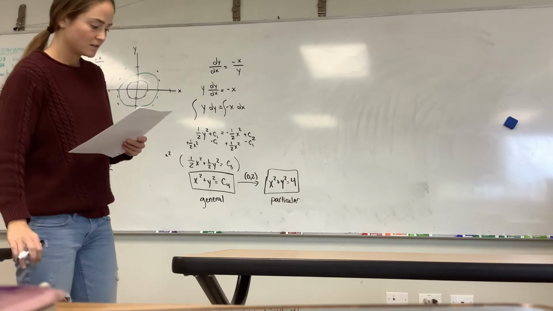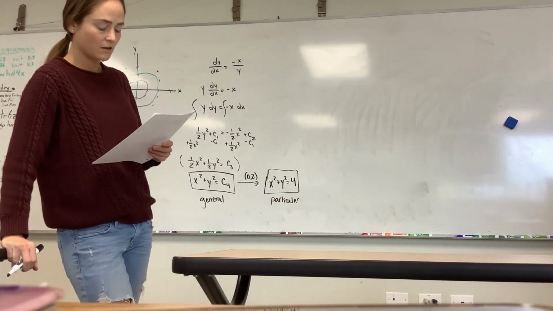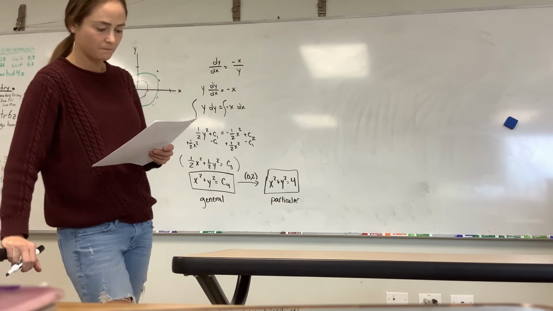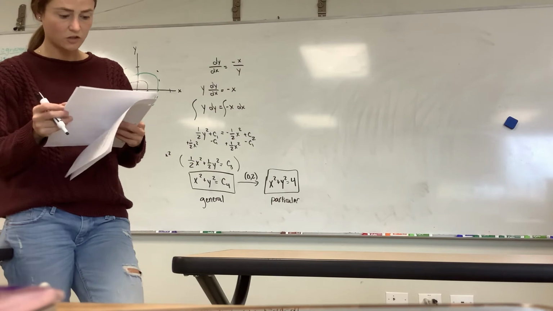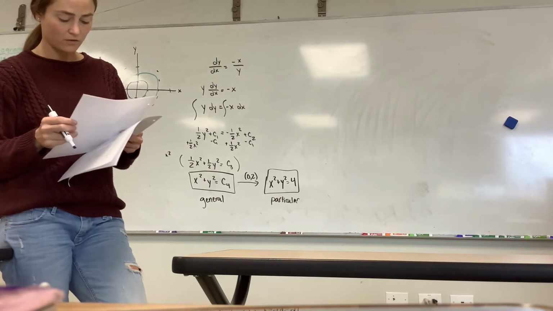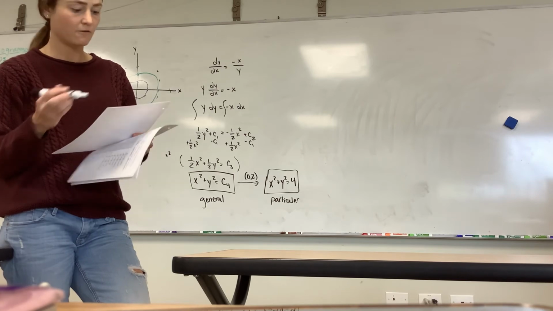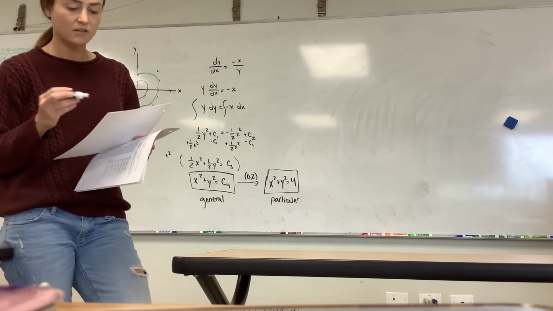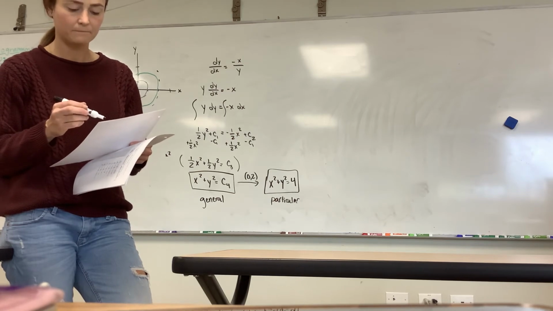Okay, so G says, explain what happens to the slope values as you move from left to right with a fixed y value. Okay, so if you look at the very first paragraph of your notes, everyone flip back there, you see the slope field that I put there on your paper, and it says dy/dx equals y.